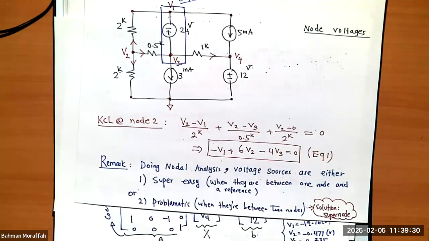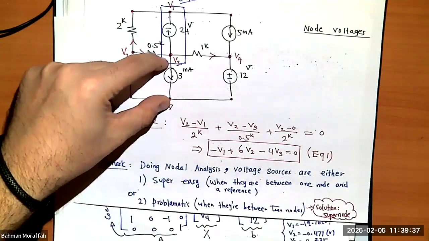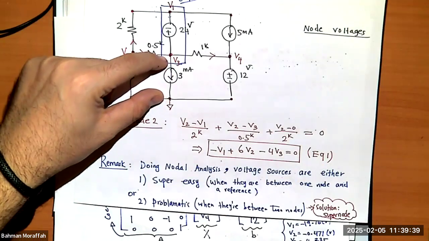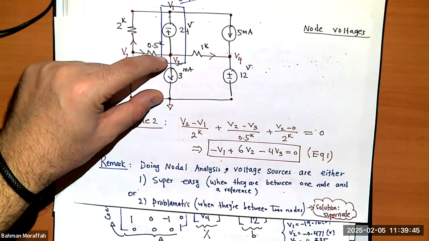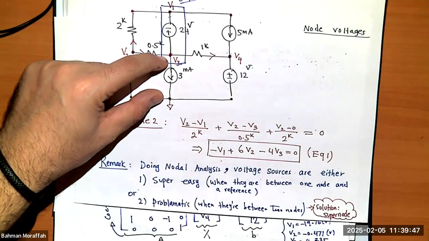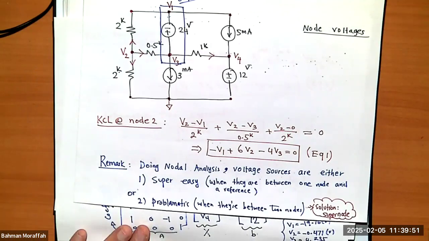Now I know everything in the circuit. I can basically compute whatever the question is asking me. For example, if I ask you what is the voltage across the 3 milliamps source, that's V3, right? It's V3 minus 0. So I'm going to go back and say, oh, it's 4.235.